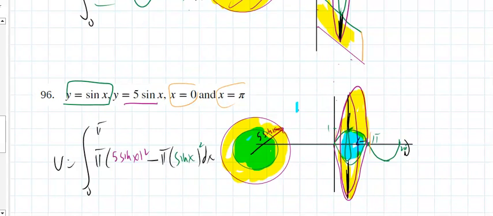And if I subtract the two, I'm left with the yellow. So the green part will be taken out, and that'll give me the actual washer area that I want, which is just this.